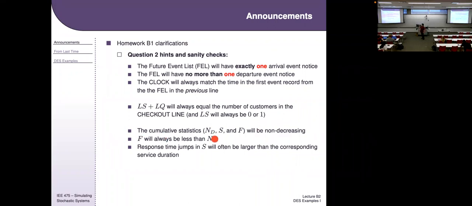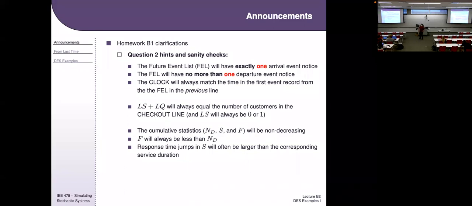F is always less than or equal to the number of departures, and the response time jumps in S will be larger than the corresponding service duration, or often larger, because of the wait times. You're not just adding the service times, you're adding the service time plus how long that customer waited.